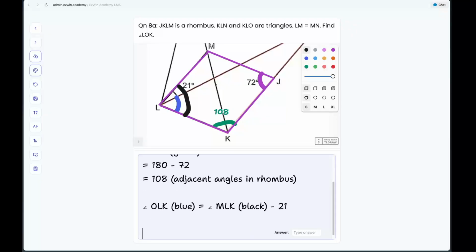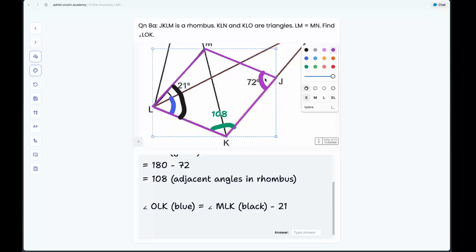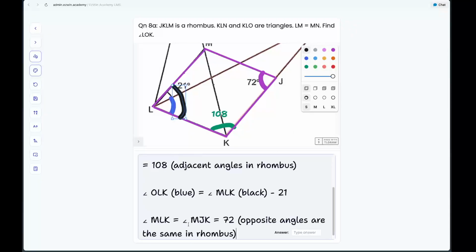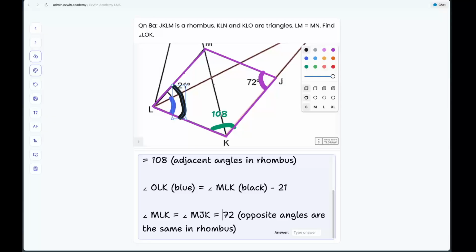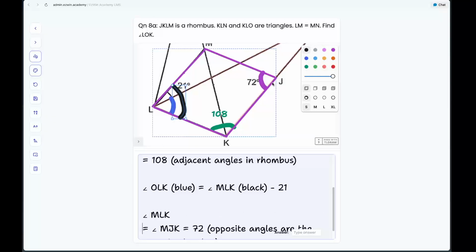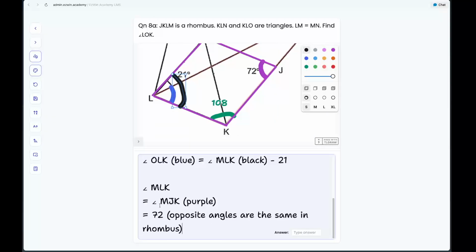How do you find MLK? If you look closely again, that's 72 degrees. This whole thing is also 72 degrees because opposite angles are the same in the rhombus. So MLK is the same as MJK because opposite angles are the same in the rhombus.